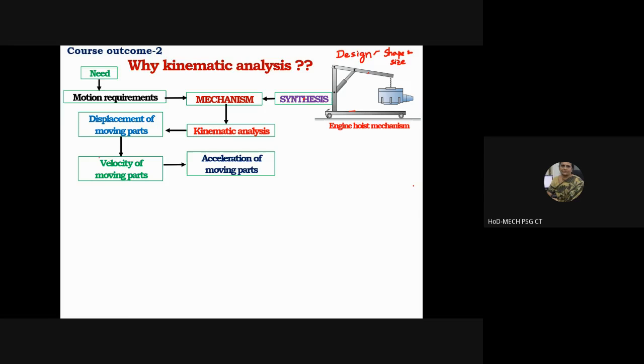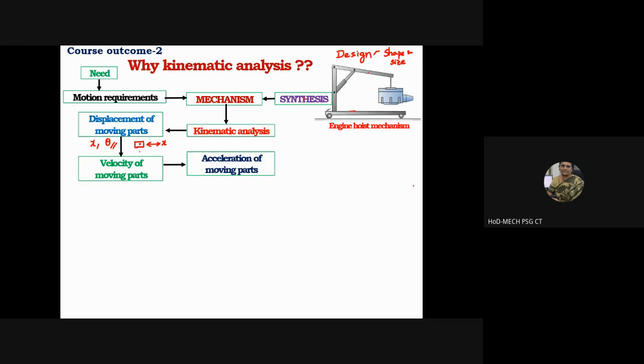So the displacement could be linear displacement or angular displacement. For example, in the links of a 4-bar mechanism, at least the input and the output link, the displacement will be angular in nature, right? And in a slider crank mechanism, particularly the slider will have a linear displacement.